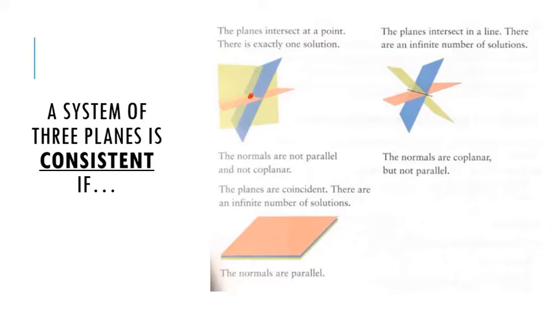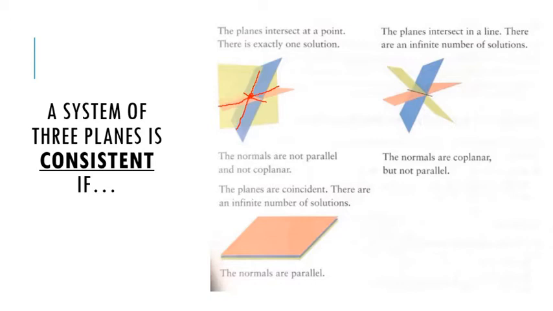You can see how green and blue intersect at a line. Blue and red intersect at a line. And green and red intersect at a line. And those 3 lines intersect at a point. Okay, what else could happen?